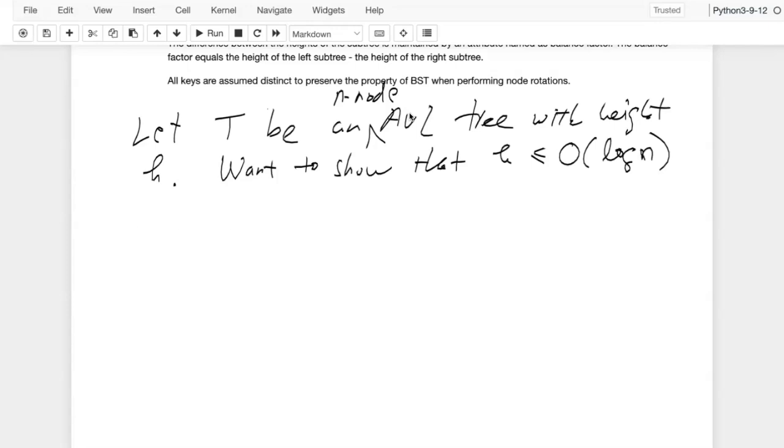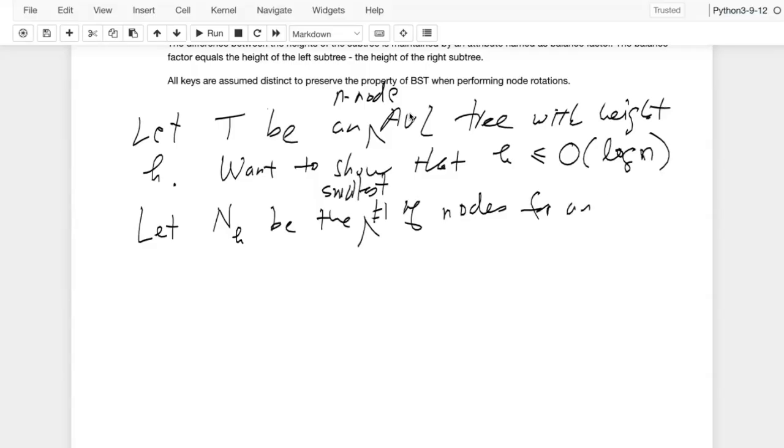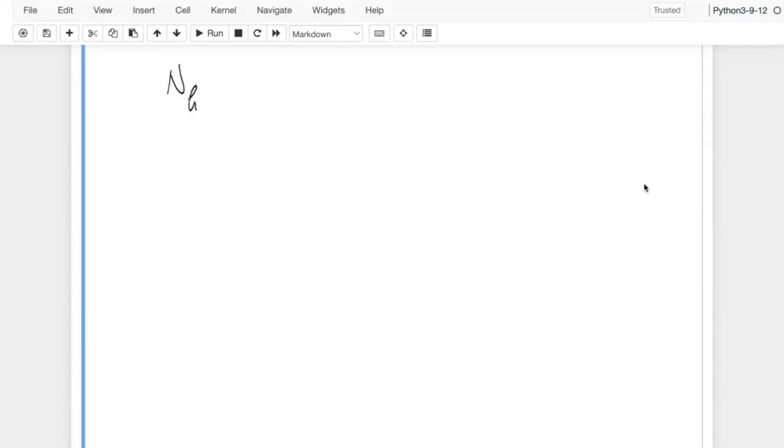So we let n_h be the smallest number of nodes for an AVL tree to have height h. So then we know that n_h is less than or equal to n because T is an AVL tree.